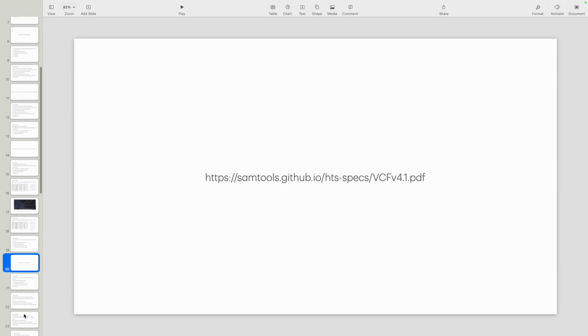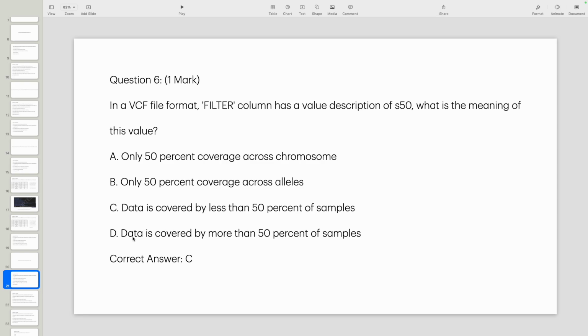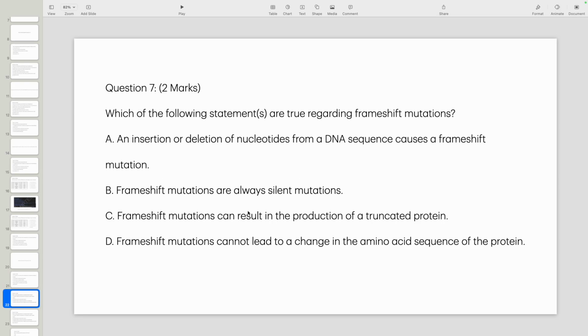So I hope this is clear. The correct option would be C, the data covered by less than 50% of the sample. So we will move to our next question. Question number 7. Which of the following statements are true regarding frame shift mutation? Go through this question and try to answer this question. It's a very straightforward question.